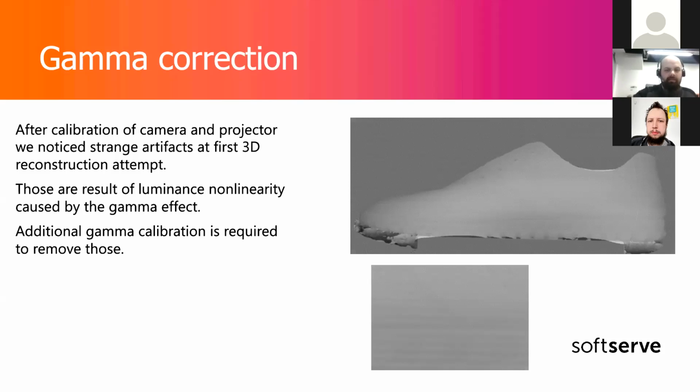And this step is actually mandatory, because for our fringe pattern method it should be done beforehand. It should be done not only for calibration purposes, but also before reconstruction. Each pattern that is generated for the projector should account for gamma.